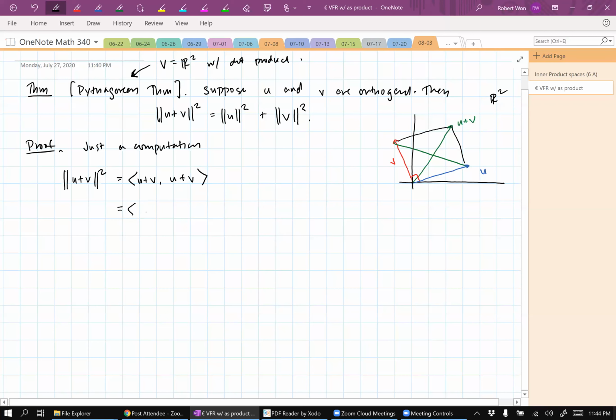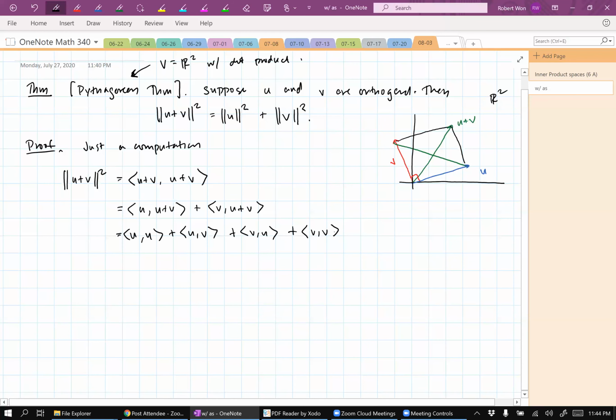So let's do this in excruciating detail. I can use additivity in the first slot, and then on each of these, I can use additivity in the second slot. Okay, so this one is just by additivity in both slots.